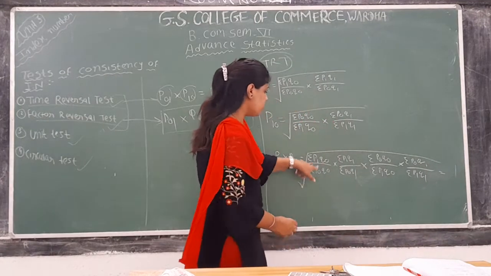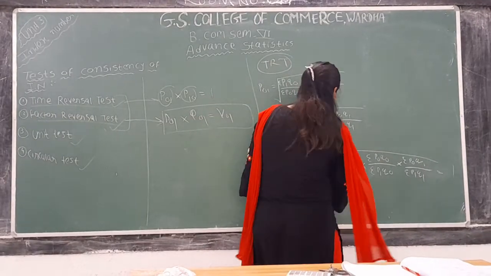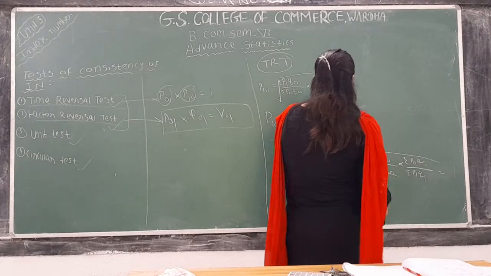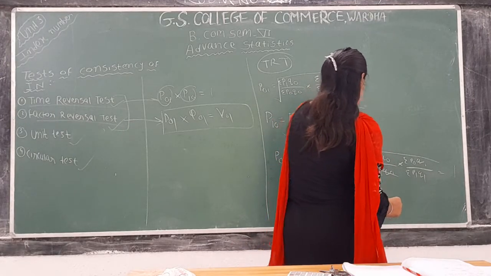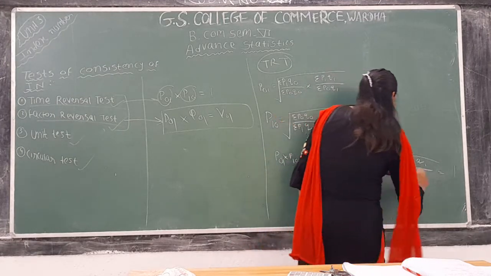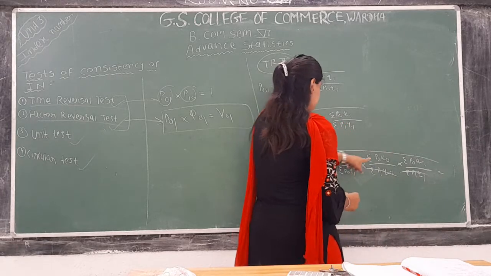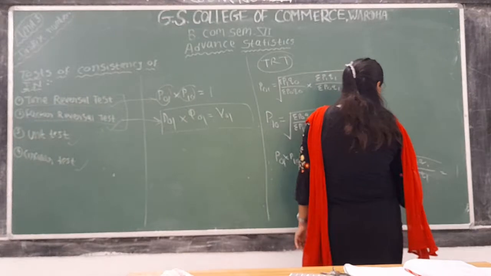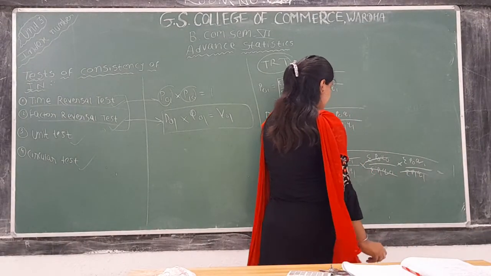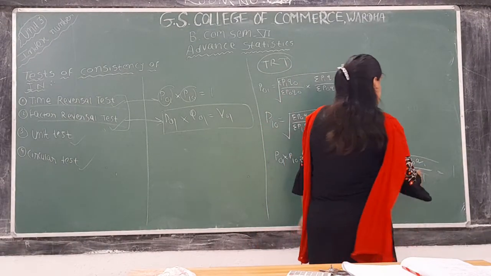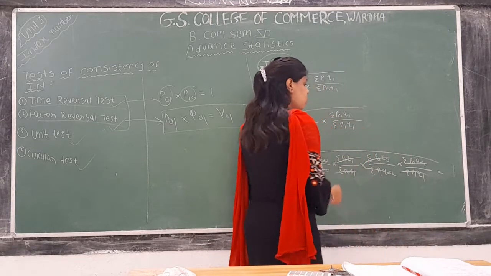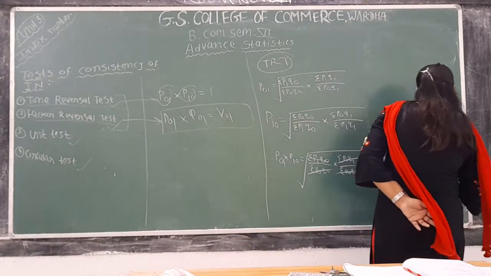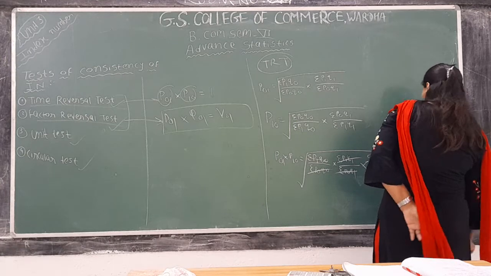So this P1 Q0 and this P1 Q0 will get cancelled. This P1 Q1 and this P1 Q1 will also get cancelled. Summation P0 Q0 and this summation P0 Q0 will also get cancelled, and this P0 Q1 and this P0 Q1 will also get cancelled. So we are going to remain with the square root of 1, which is equal to 1.